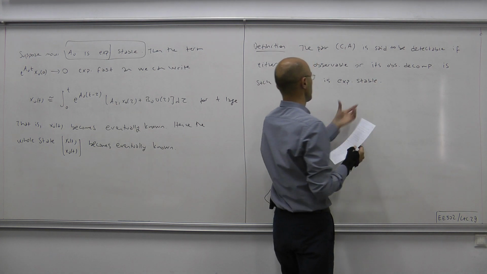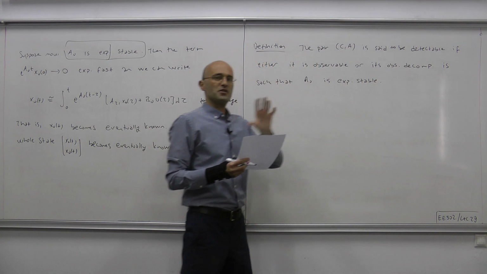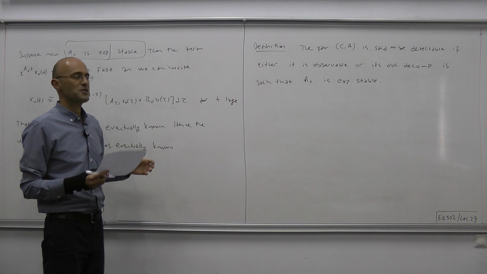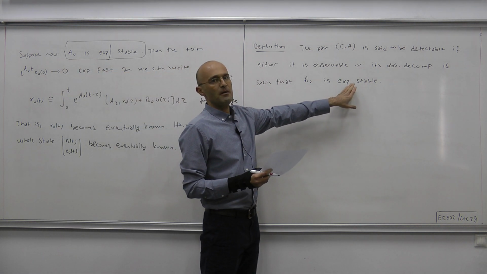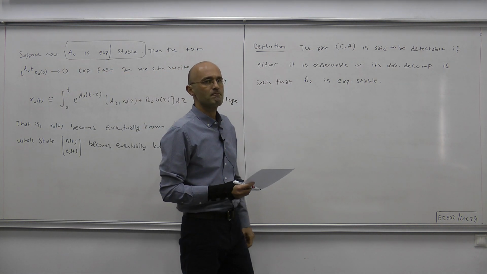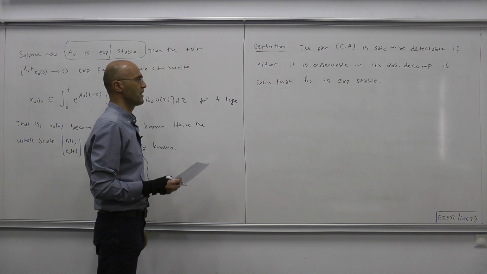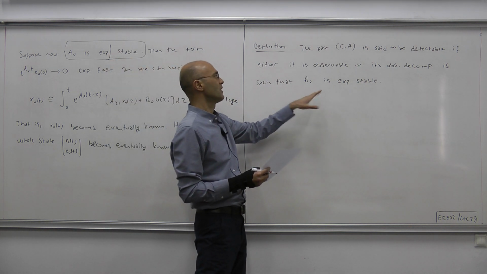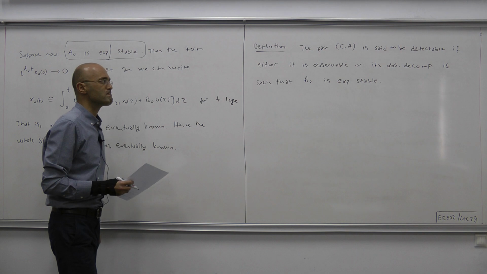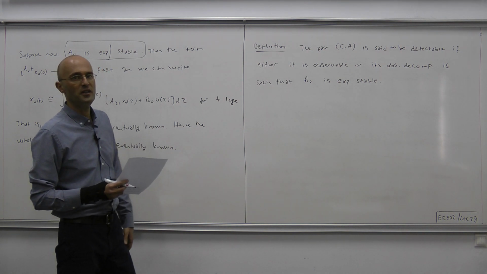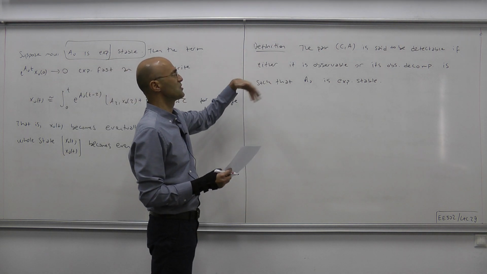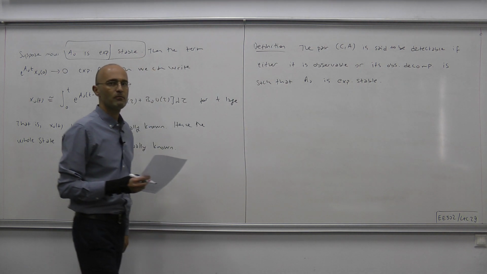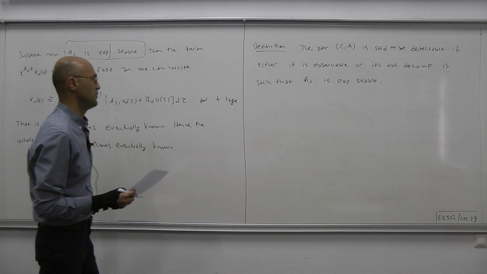Okay, here we're using the word exponentially stable in a general sense. For continuous time, it would mean all the eigenvalues are with negative real parts, and for discrete time, all the eigenvalues are with strictly less than unity magnitudes. So this definition is applicable both to continuous time and discrete time.